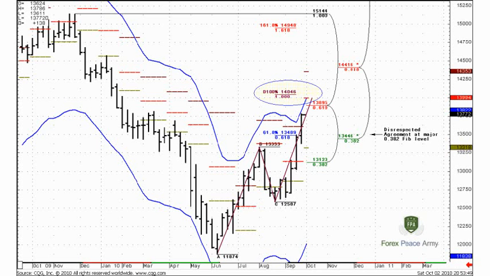Usually we talk about daily and 4-hourly charts. Today we also include the weekly time frame, because it has a crucial detail for the possible price action during the next week. So let's start from the weekly chart.